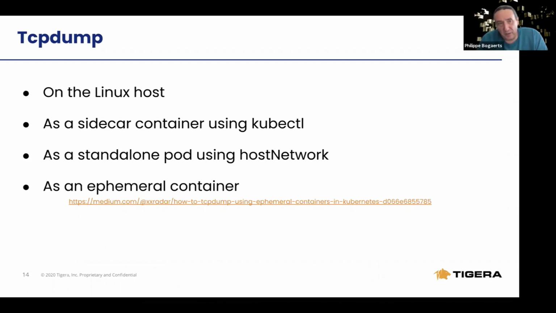The first way to analyze the traffic is to tcpdump on the Linux host itself. Although this can be challenging, because you need access to the Linux nodes first of all, quite often if you just tcpdump on a host, it will not show you much because of the way that everything is routed, or in the case of VXLAN, everything is hidden behind a switch.